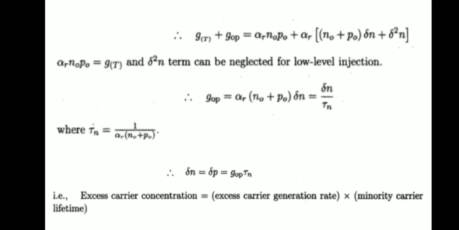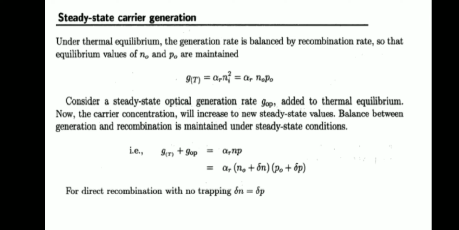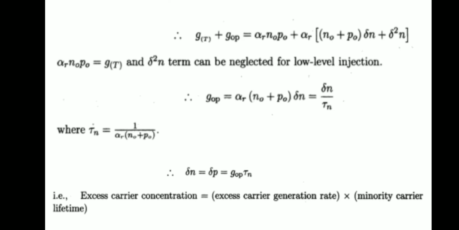So here we are considering the low level injection, so we can neglect the term del square N. And one more thing, this alpha N0 P0 is already represented as GT. So we can replace this alpha N0 P0 as GT. So left hand side and right hand side we have GT, so that term cancels.